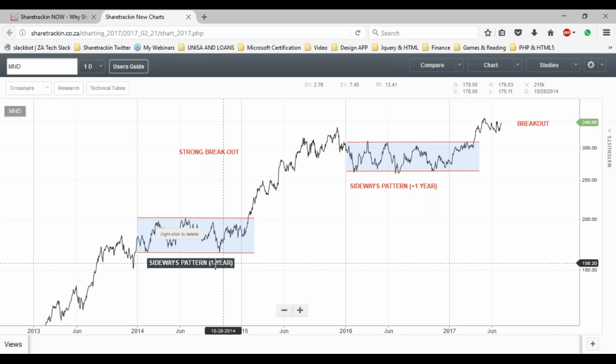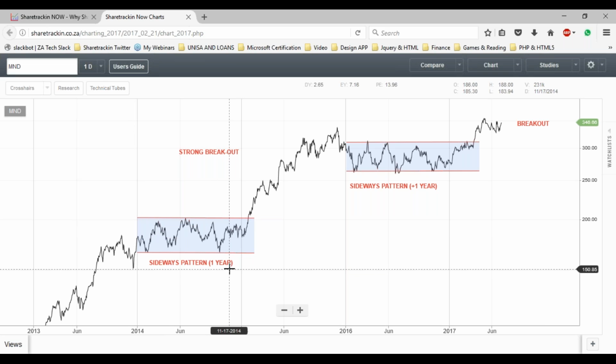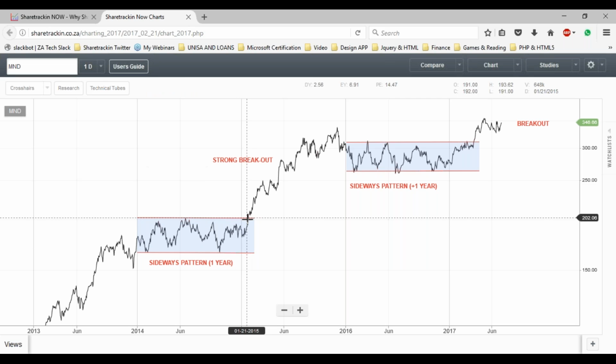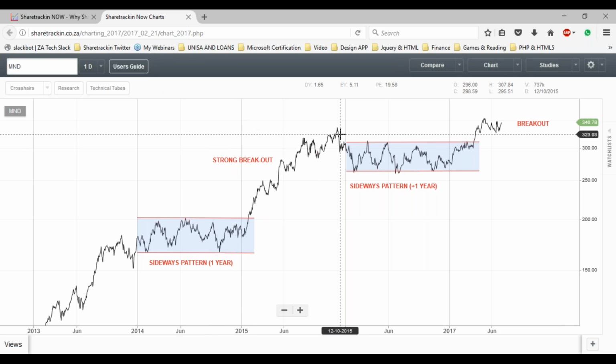You'll see that I've marked it there for you. The sideways pattern lasted for about a year, which was then followed by a strong breakout above this resistance level, and it rallied to make a new high. And this is why I say it's so important to look at the history of the chart, because the history will tell you what you can expect.